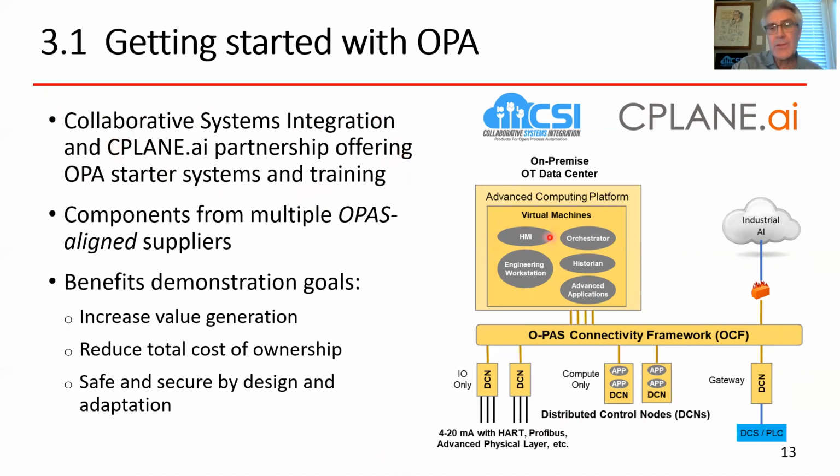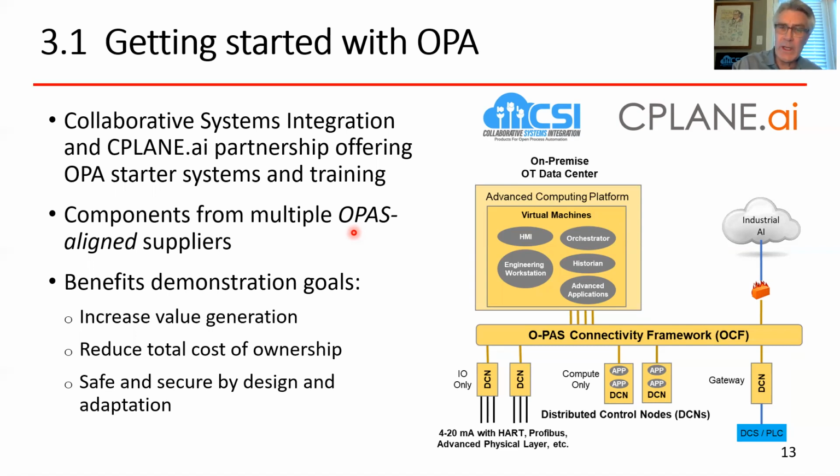What you see on the right is a scaled down schematic of what this starter system will consist of. We are sourcing the components from a multiplicity of what I call OPAS aligned suppliers. This precedes formal certification, but we clearly know what suppliers are aligned with the OPAS vision and are either providing products that are in the right direction of the OPAS standard or are making preliminary commitments to build OPAS conformant products.